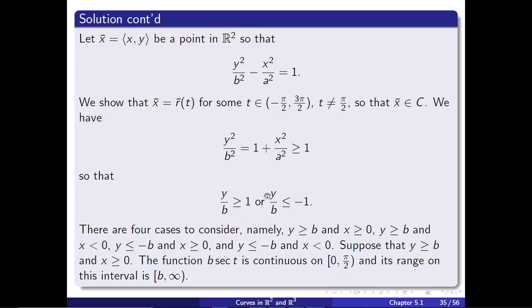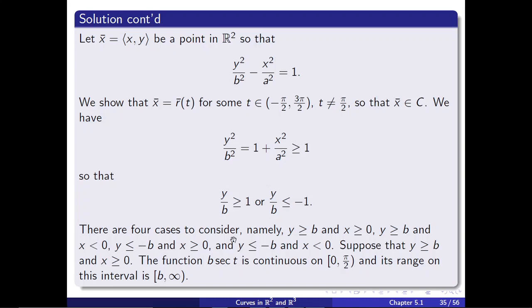This is because if it's minus 1 and we square it, it becomes 1, and if it's less than minus 1 and we square it, it becomes greater than 1, satisfying this. So we have 4 cases that we need to deal with. I think we will deal with 2, and the other 2 will follow in a similar fashion.